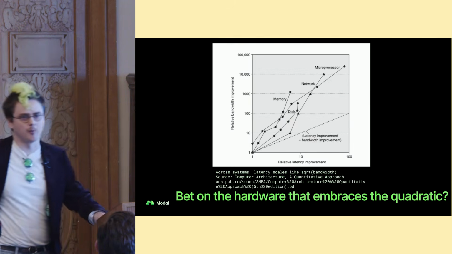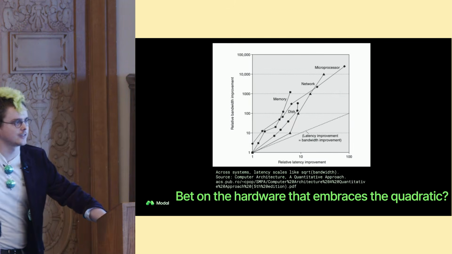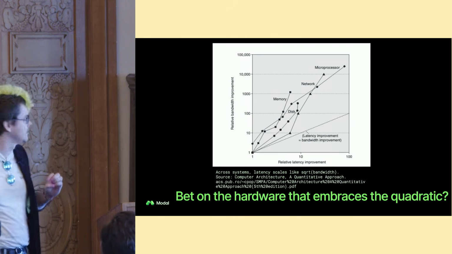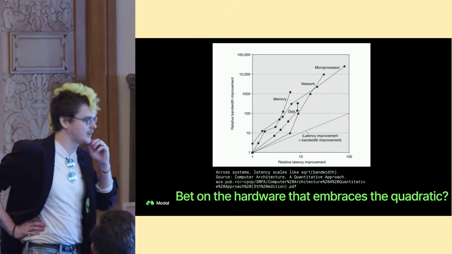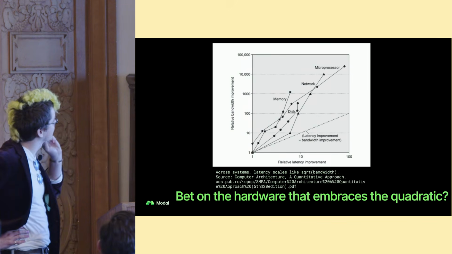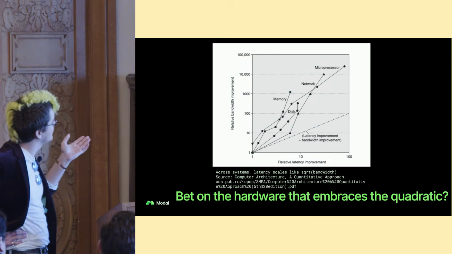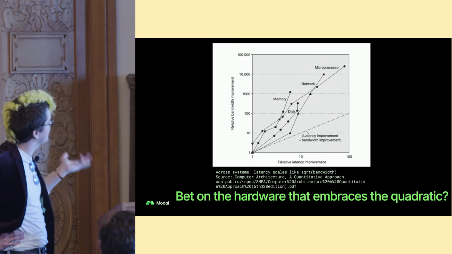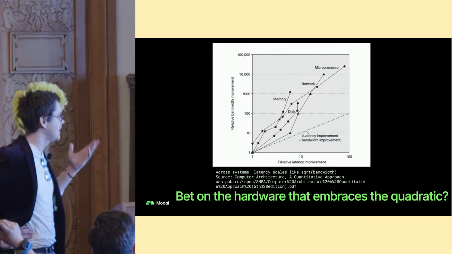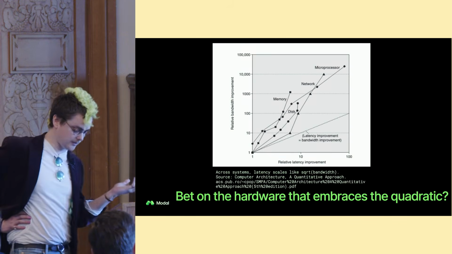So there's one final point for why you should take some of this stuff seriously. It's not just because your executives manage an AI strategy and spend a bunch of money on H100s. If you think about this latency bandwidth divide, we would expect these curves to keep going. And so you would think that maybe the system that embraces this quadratic scaling, the bandwidth, is going to be the one that wins.